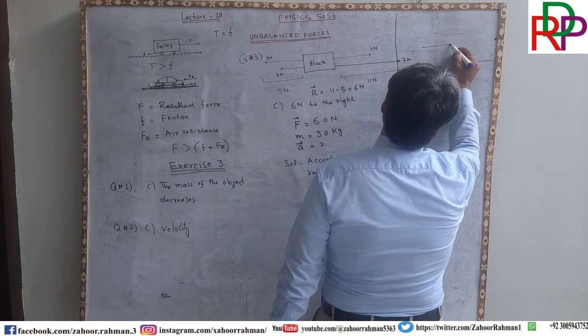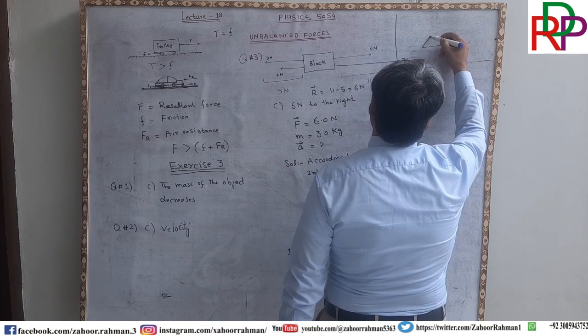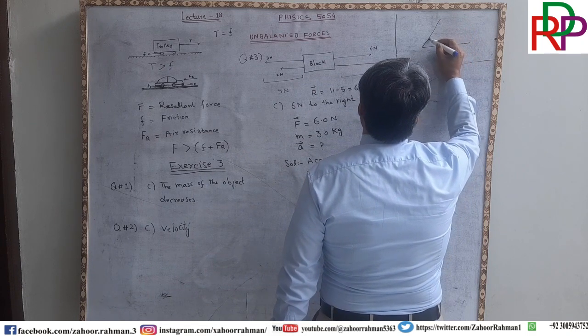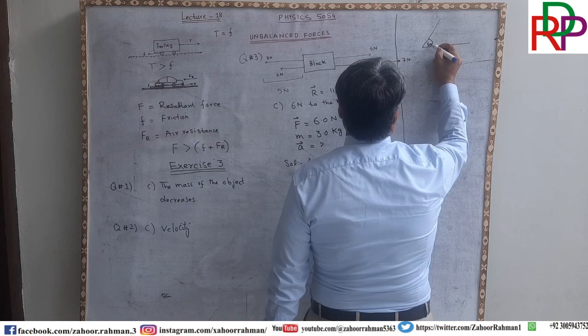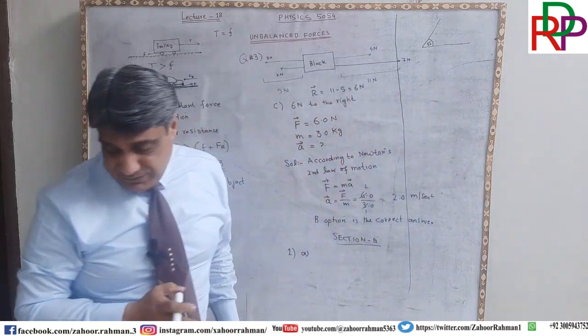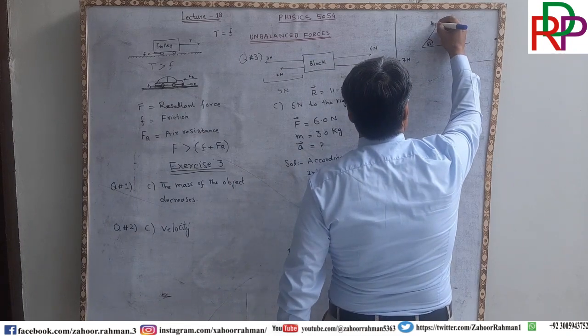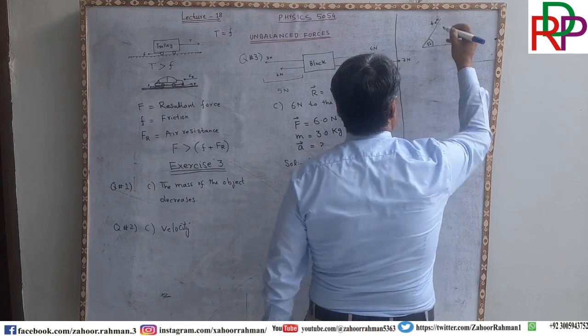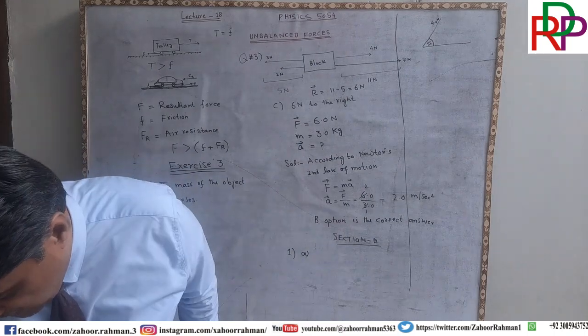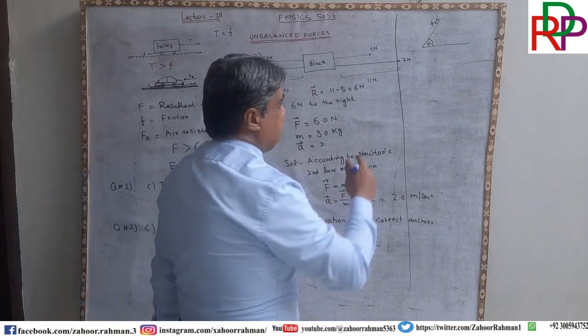there are two forces acting on this. The angle is given as 50 degrees. One force is 4 Newton. This force is 4 Newton. And the other force is 7 Newton.